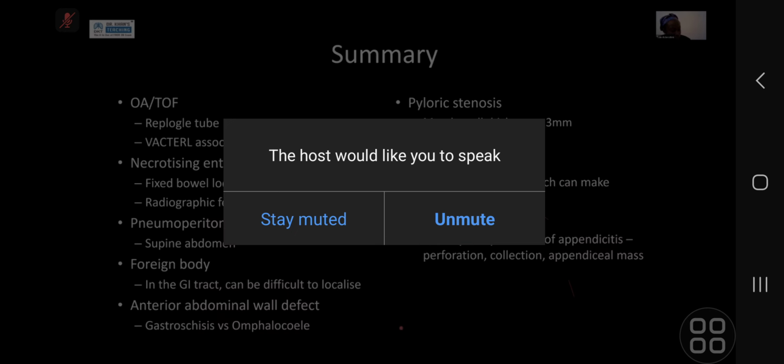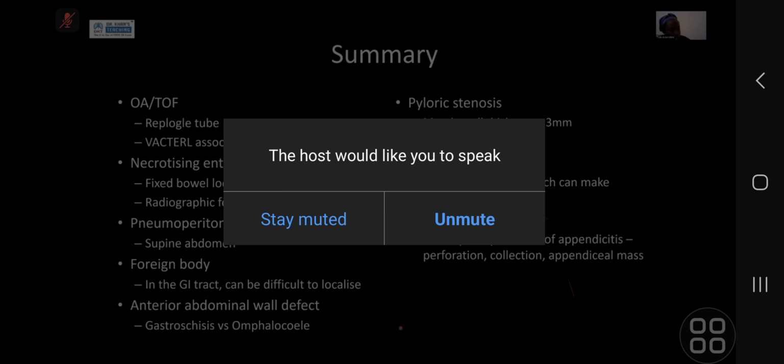So that was quite a lot of acute abdominal presentations, some not so acute, that we've covered. So well done, candidates 3 and 4. We've had esophageal atresia with tracheoesophageal fistulas, and we've looked at Replogle tubes, which is the double lumen blind-ending tube that's put into the proximal esophagus to help drain it.